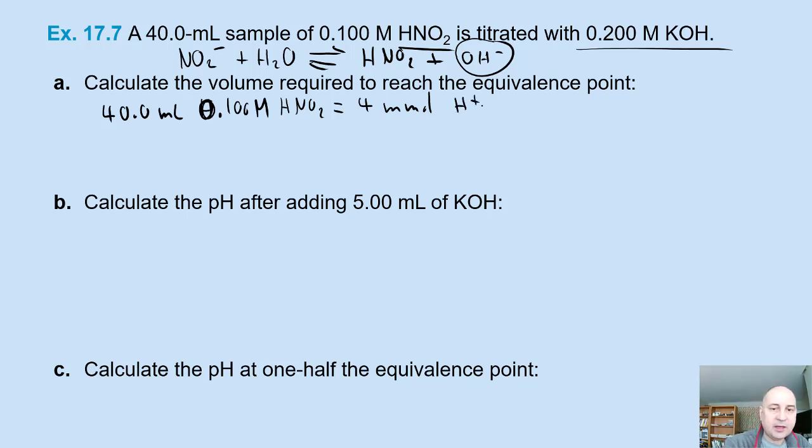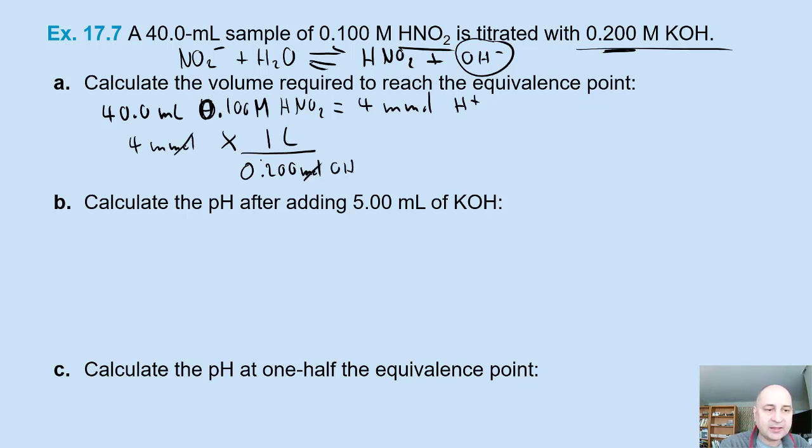And so I now need to calculate how many milliliters of this concentration of the base we need. So we need also 4 millimoles times 1 liter for every 0.200 moles of base.